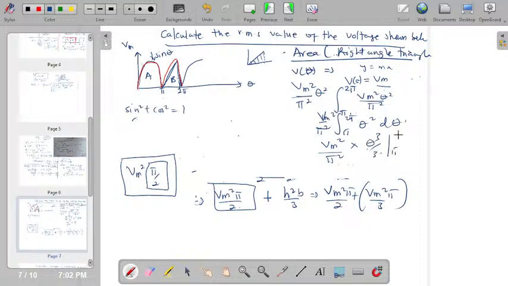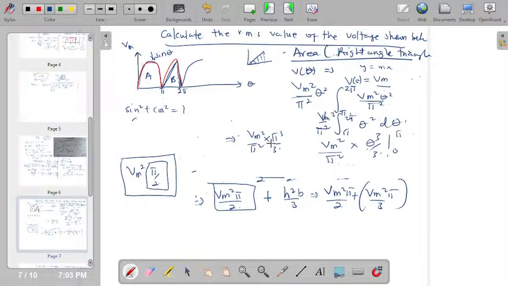From pi to 2 pi, you can simply make it 0 to pi for simplicity, it's the same thing, the same pi interval. So when I put 0, everything will be 0. When I put pi, I simply have vm squared over pi squared times pi cube over 3, right?